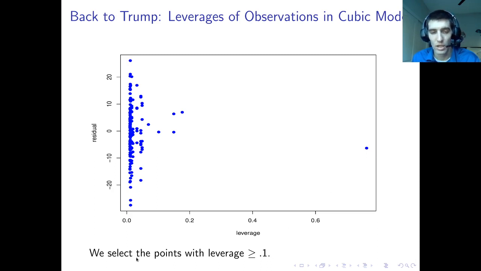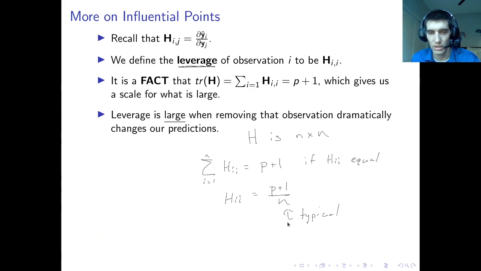Just for the sake of looking into this a little further, I'm going to select all the points where the leverage is greater than 0.1. I can compare this 0.1 to what we discussed earlier, p minus 1 over n, or excuse me, p plus 1 over n.